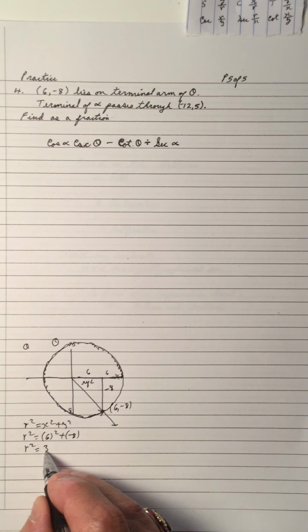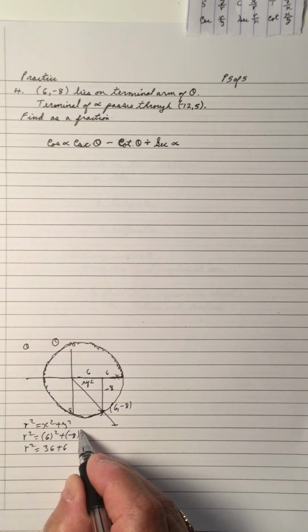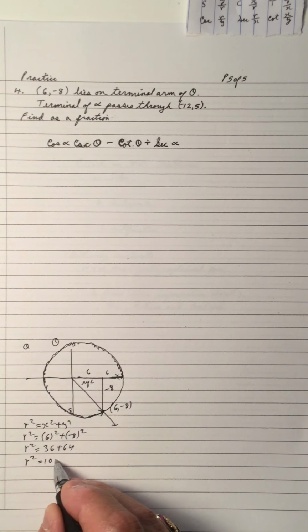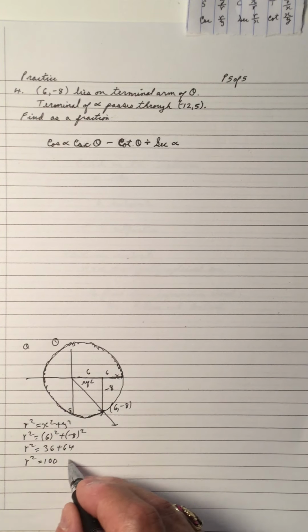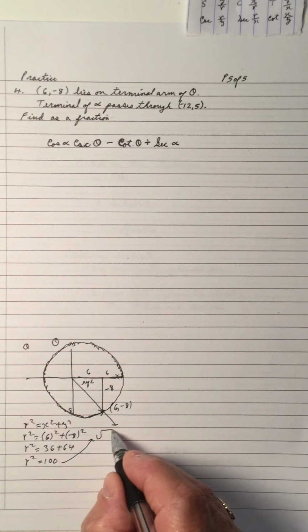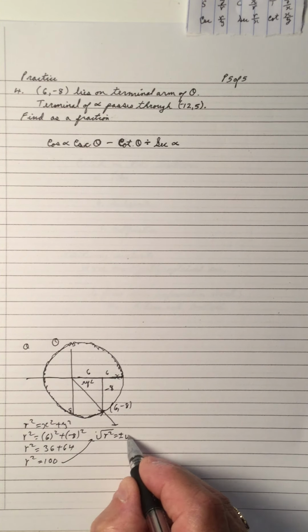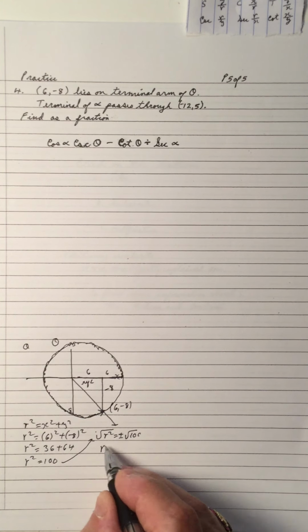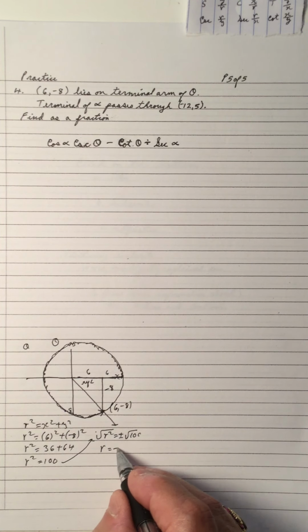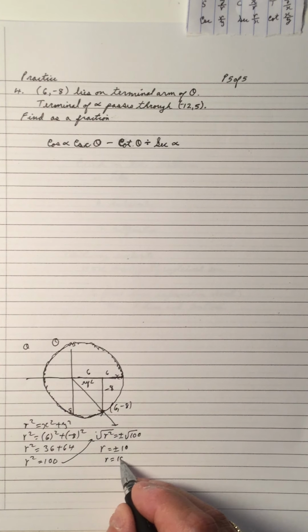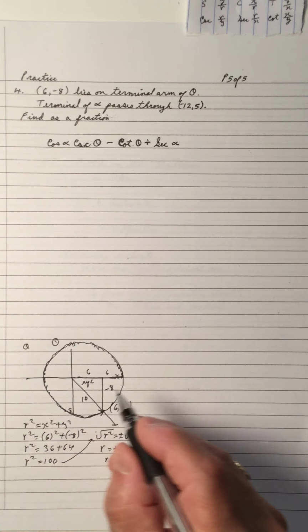So that's 36 plus, as a square, 64. R squared is 100. So let's go over here. The square root of r squared is plus or minus the square root of 100. Square root of r squared is r, plus or minus square root of 100 is 10. So the radius is 10. So we got that one done.